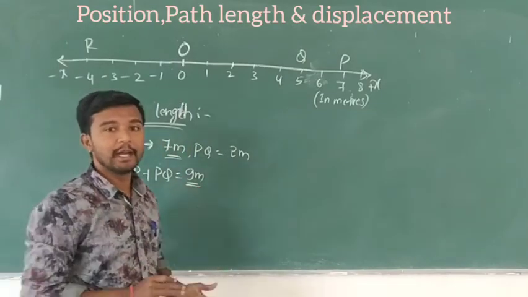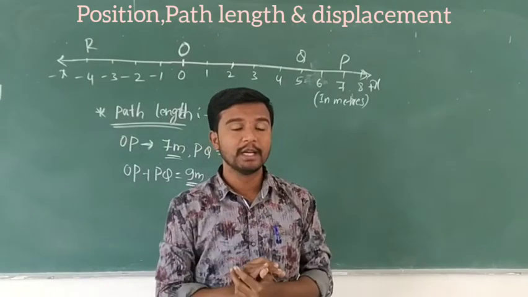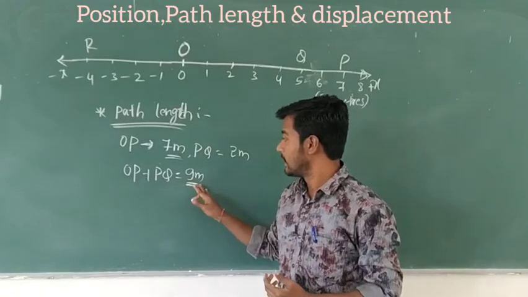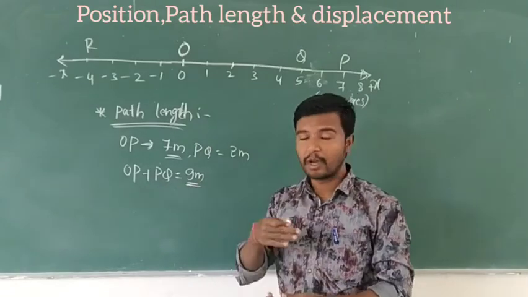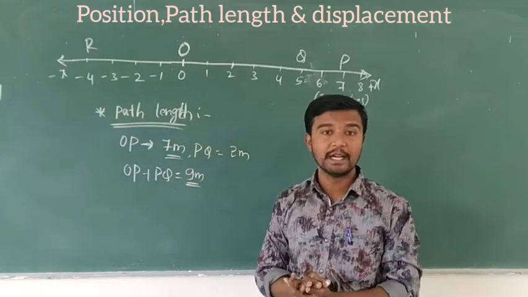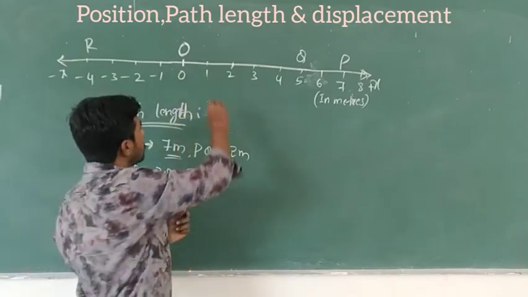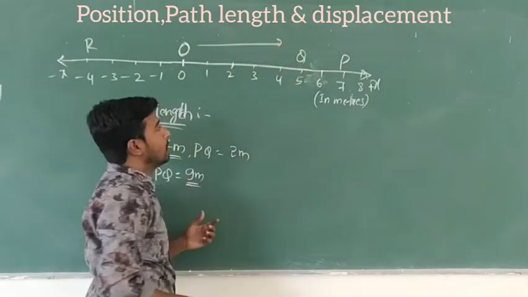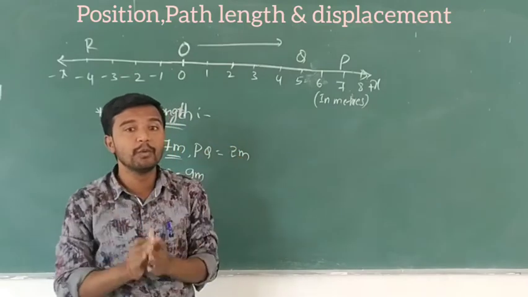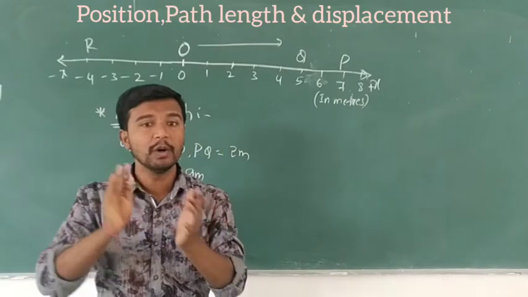So the total length covered by the body is 9 meters. Now we come to the definition of path length. It is the distance moved by a body from one place to another place, meaning the distance covered by an object from one position to another.